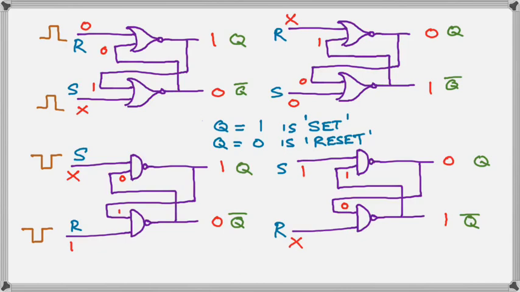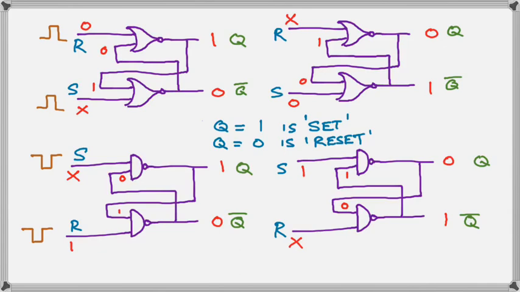So the rest condition is a 0, and if we want to cause the flip-flop to change its state, then we will cause a 1 to be put on that input, which will cause some action to occur, and the flip-flop will change state.